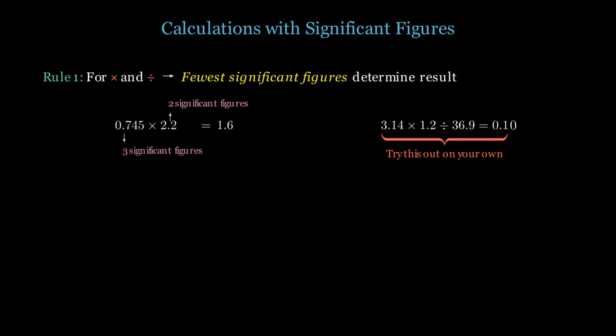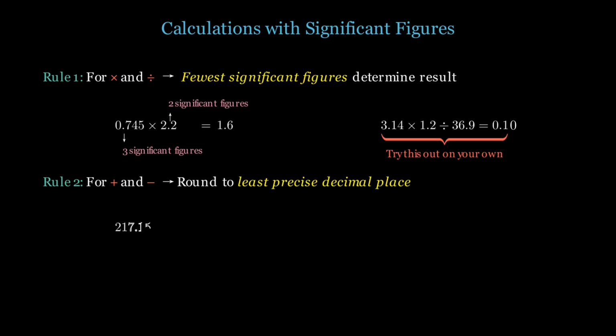So we've seen how it works for multiplications and divisions. On the other hand, when dealing with additions and subtractions, we aren't concerned with the number of significant figures, rather the decimal places. Basically, we are supposed to round off to the least precise decimal place.